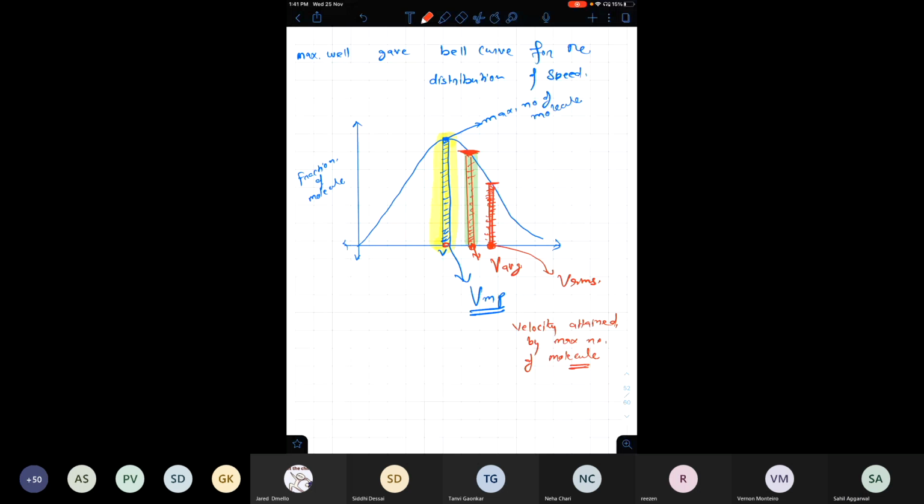Understood? VMP will be minimum and will be attained by a maximum number of molecules.